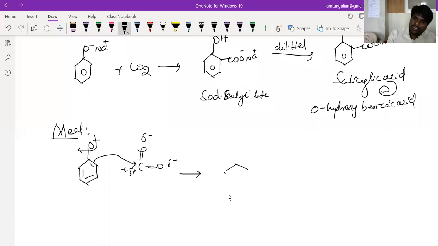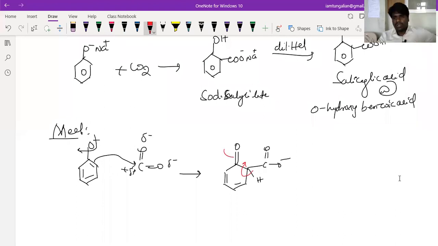Here it will attack on this particular position. Now what happens? Here we have a hydrogen. This hydrogen will be removed in the form of H plus. This bond goes.